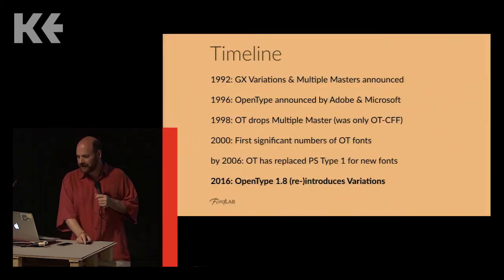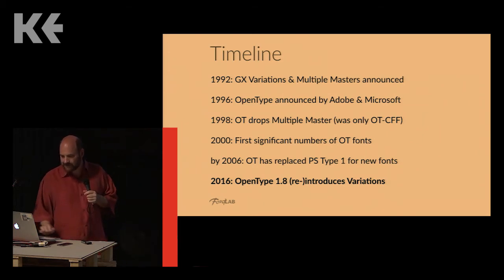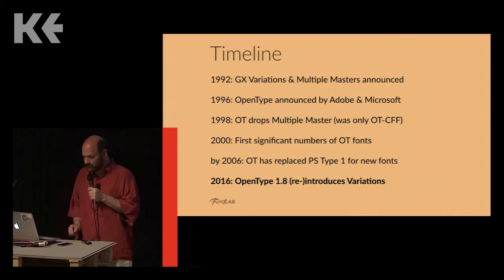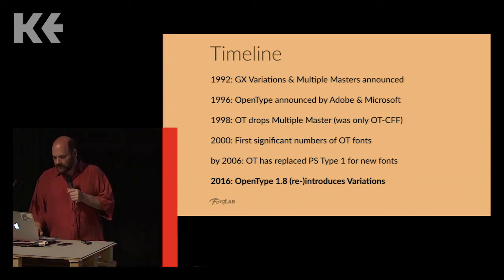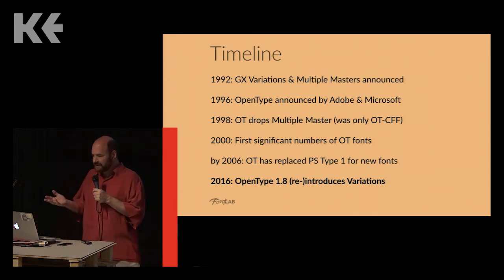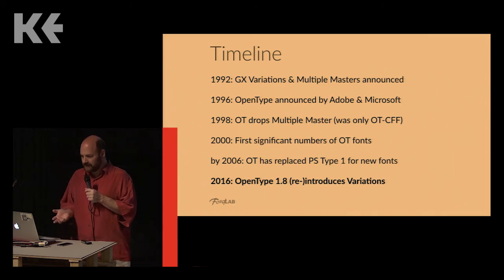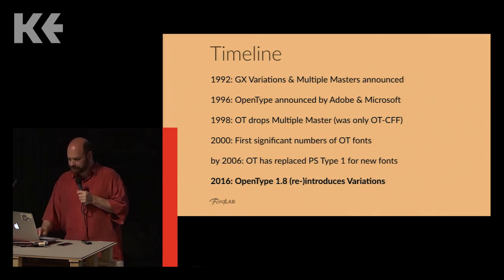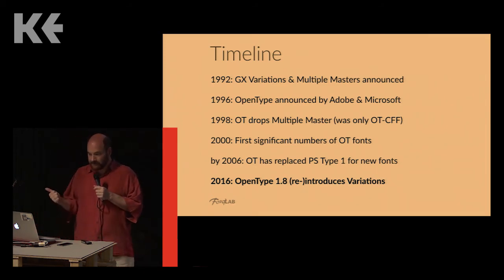So here's a little timeline of all this for context. Going back to the 90s when GX Variations and multiple masters came out. These days, it's been at least a decade since most vendors started making their new fonts primarily in OpenType. OpenType's now an open standard.